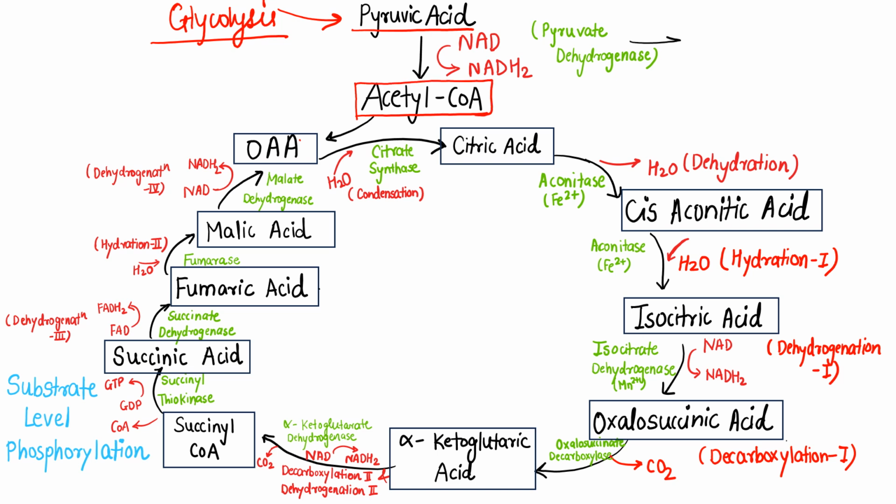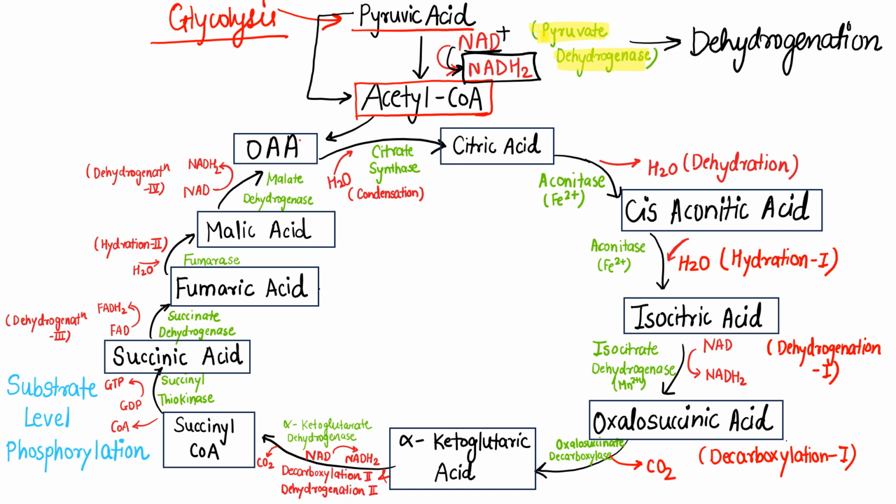Through the process or reaction called dehydrogenation, in the presence of enzyme pyruvate dehydrogenase. And in this step, NAD plus gets converted to NADH2. So this process is dehydrogenation, conversion of pyruvic acid into acetyl coenzyme A in the presence of pyruvate dehydrogenase.